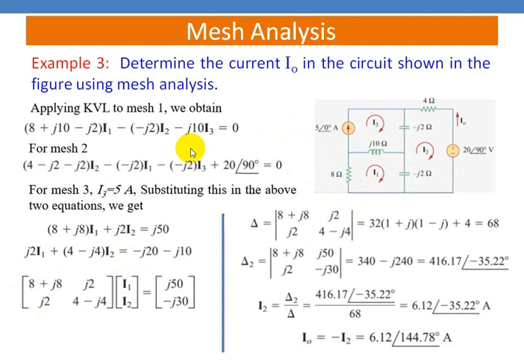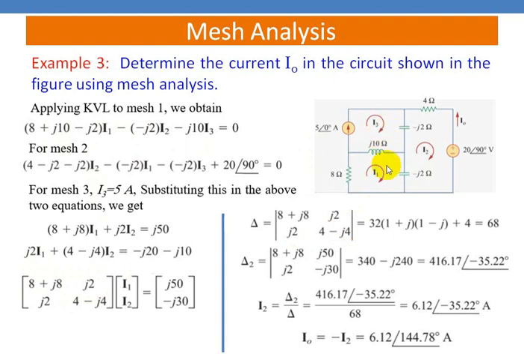So this will become 8 plus J8, into I1. Next, coming to I2, this is the element common between the first mesh and the second mesh.